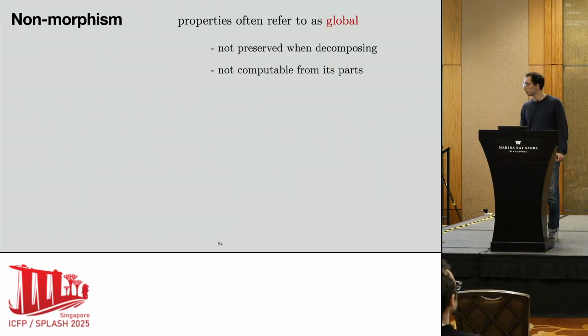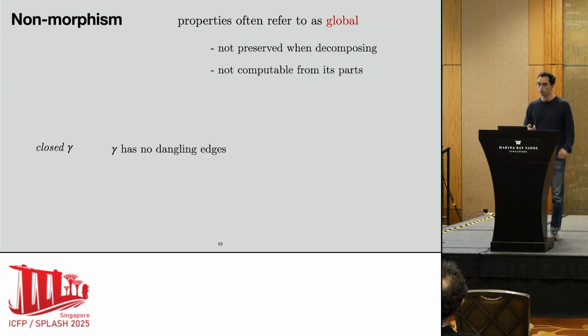So as for non-morphisms, these will correspond to properties that are often referred to as global. This is the case because these are exactly the properties that, when decomposed, are not preserved. Also, it is possible that they are not computable from its individual parts.